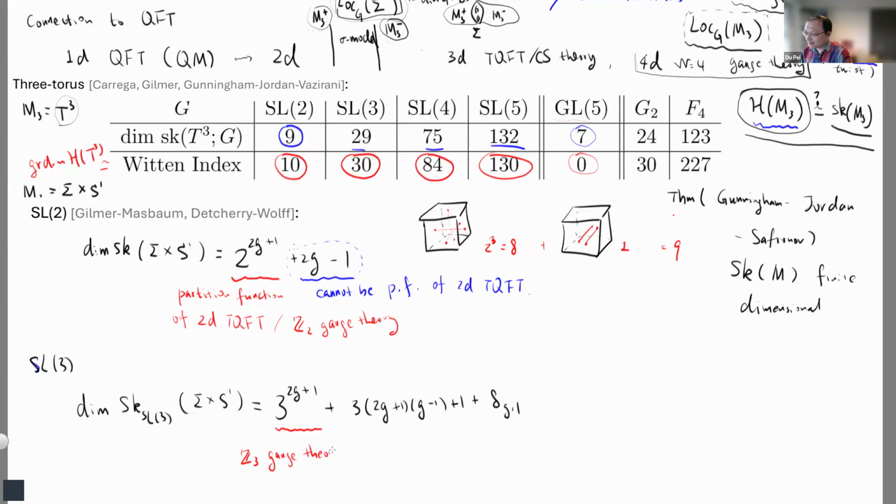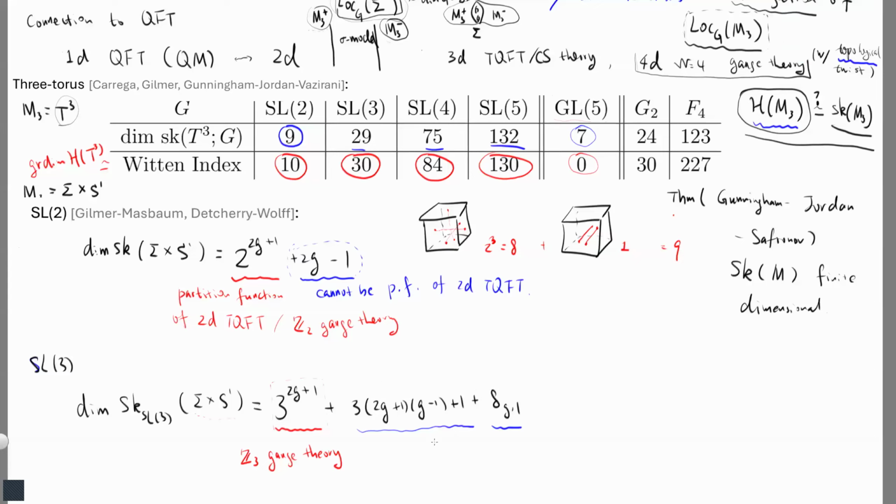The more precise statement is that it's the number of Z3 flat connections on this three-manifold. But then it again has some part that's non-TQFT-like. Before it was linear, now it's a polynomial.